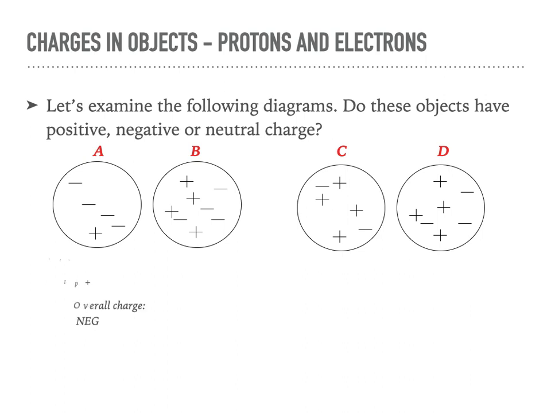The negative charges represent the electrons and the positive represent the protons on this object. So there are 4 electrons and 1 proton. The overall charge on ball A will be negative. Ball B has equal charges, so it's going to be neutral.